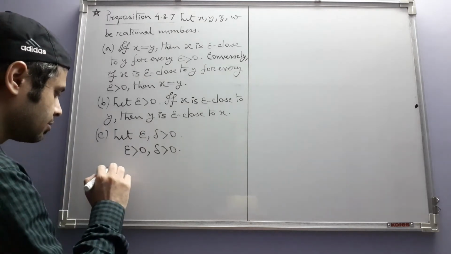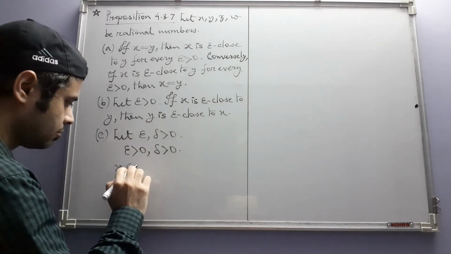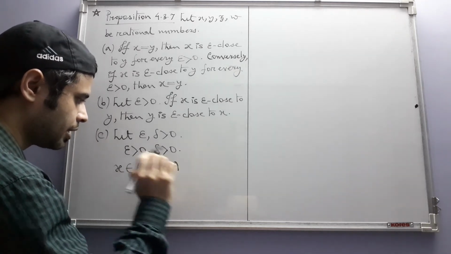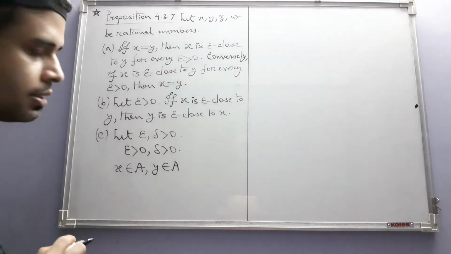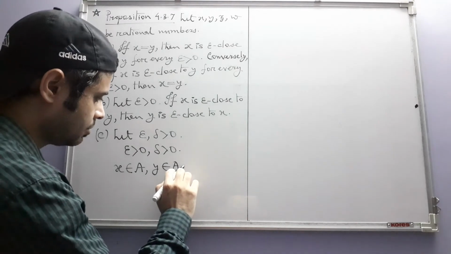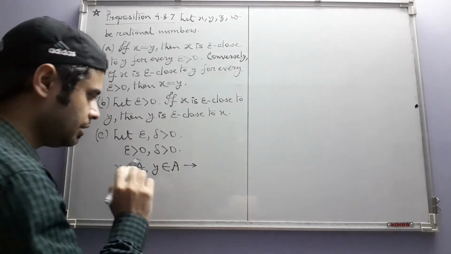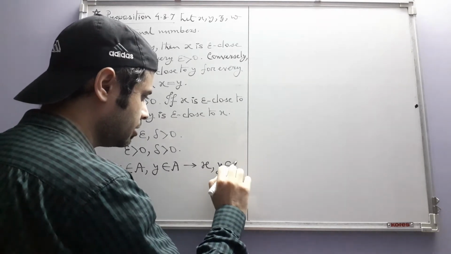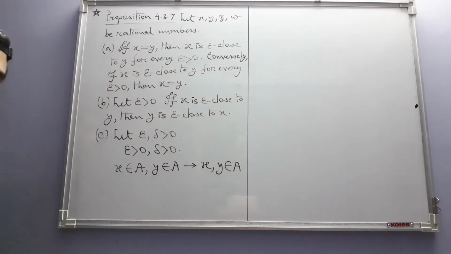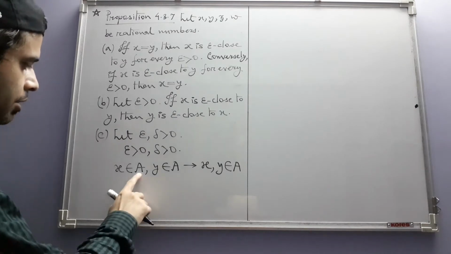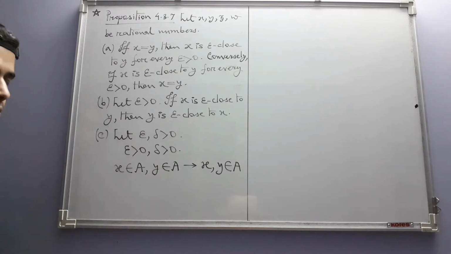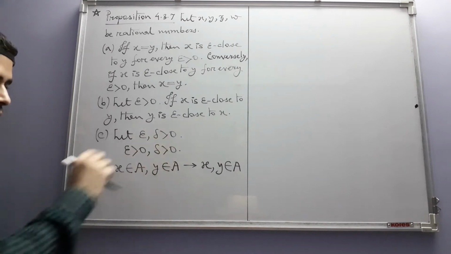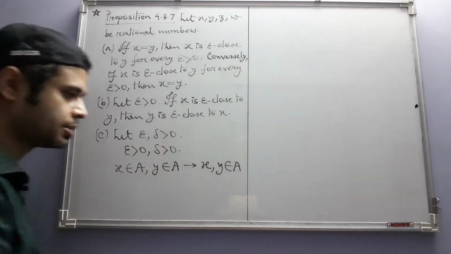It's somewhat like writing that x and y are elements of a set A in a shorter manner, that x and y are both elements of A. We don't repeat A, we write it like that. So in that sense, this means epsilon and delta are both positive.